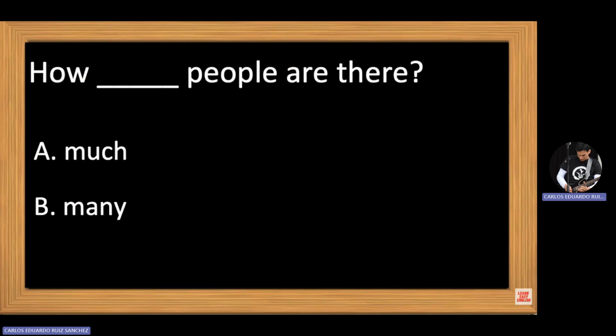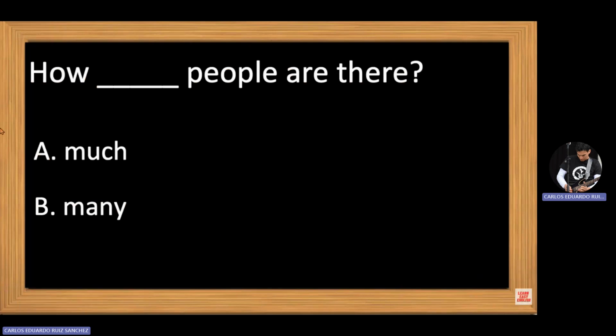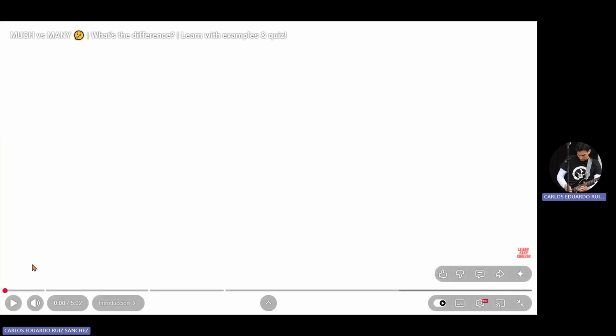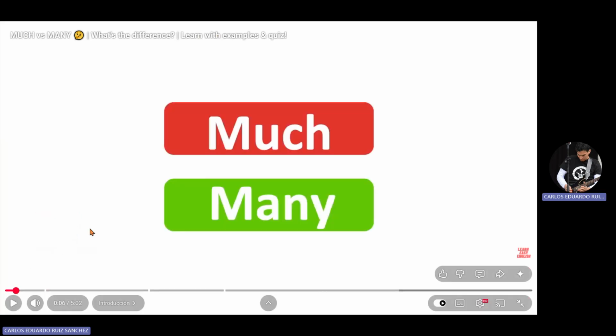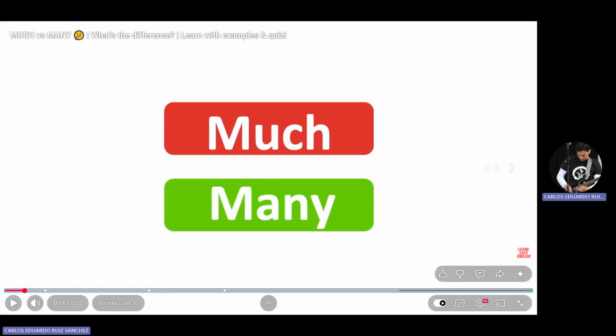So, my dear students, in this part, we are going to make a review about some concepts that we watched in the video. Yes, those concepts are many and much. They are used to identify the quantity of elements you have, using how many and how much.